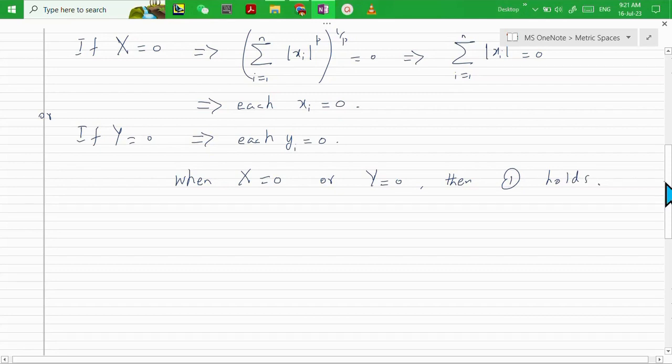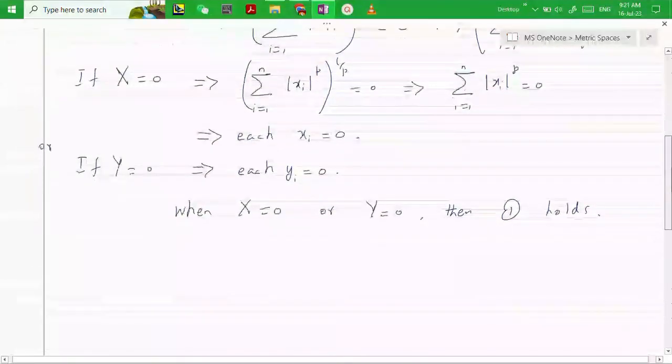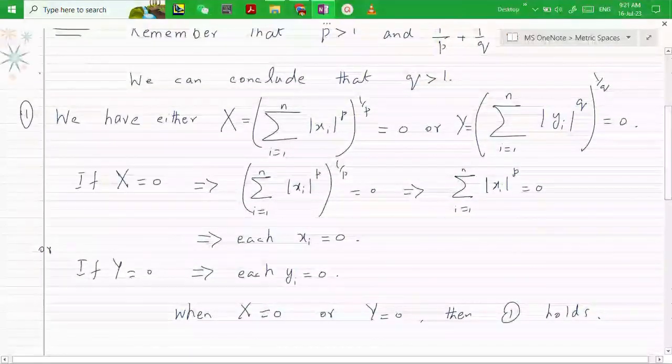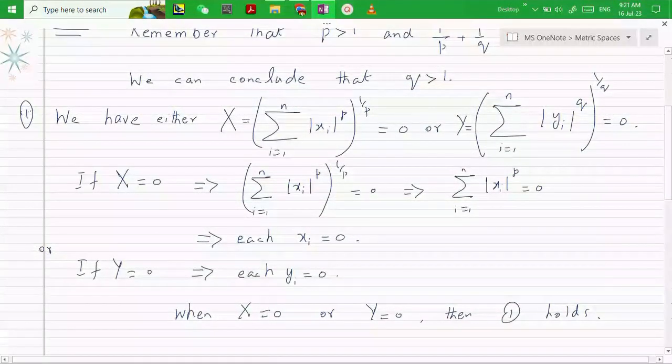So this is the first case, and you name it as Roman one. This is our first case.